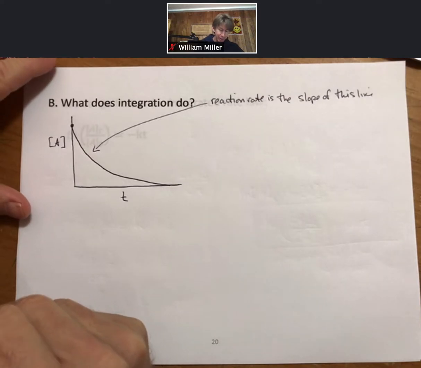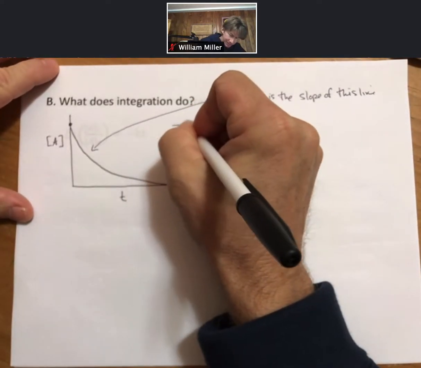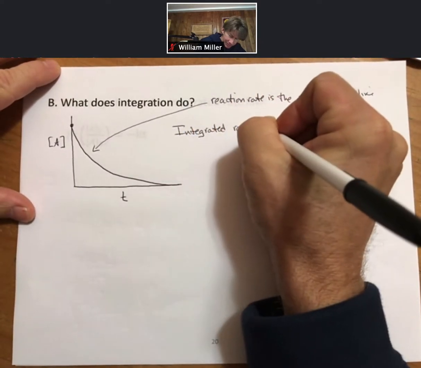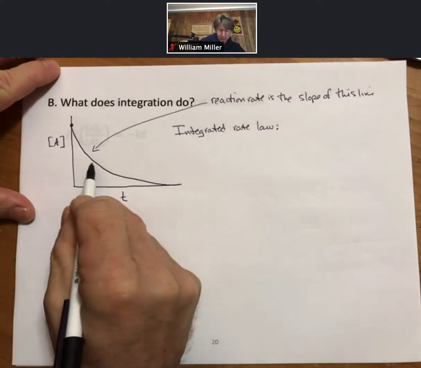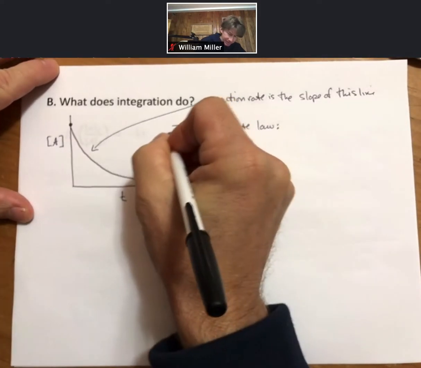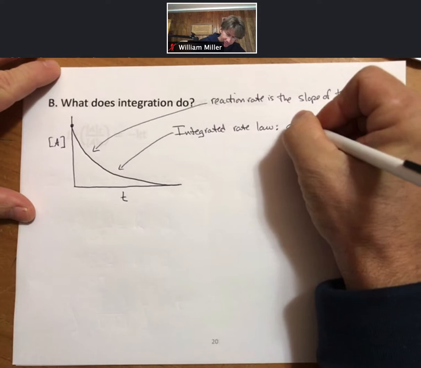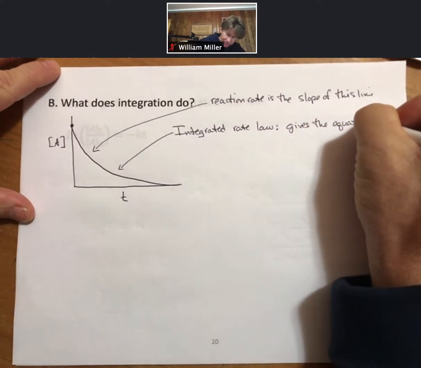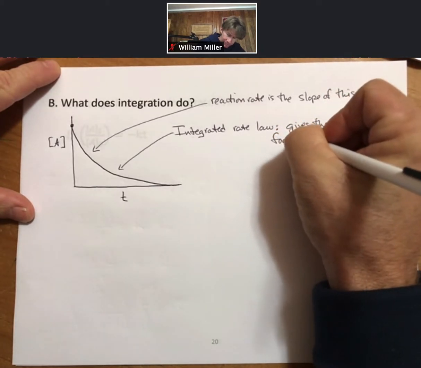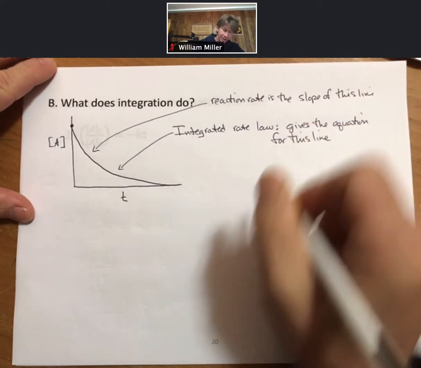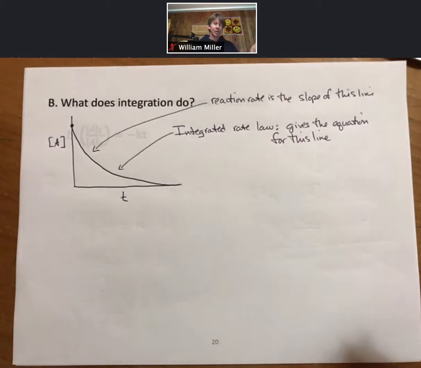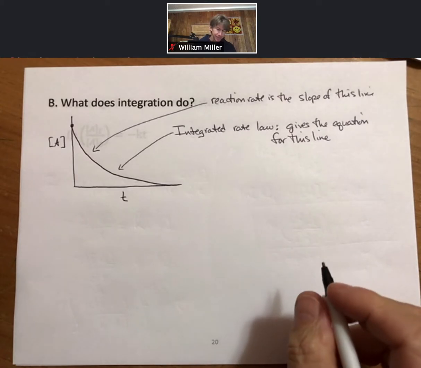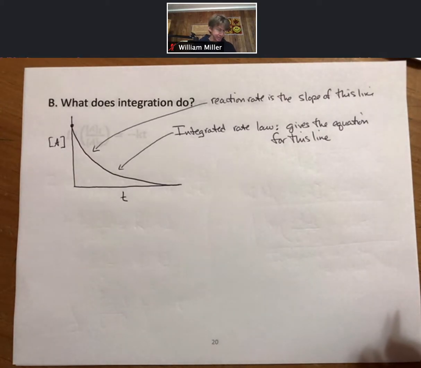Now, the integrated rate law gives the equation for this line. And so we took the slope, we integrated, and we got the original equation that we needed. Okay? So that's what integration does.